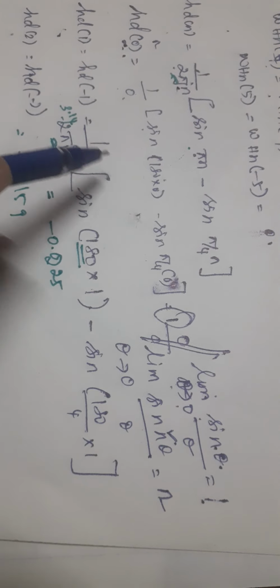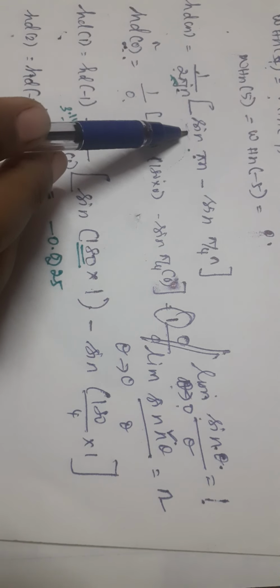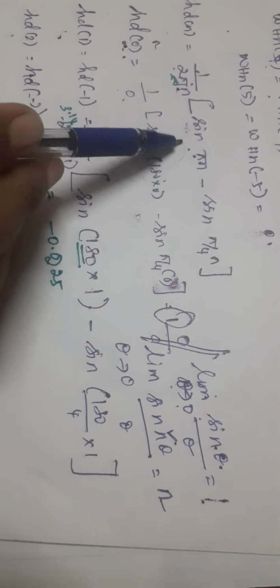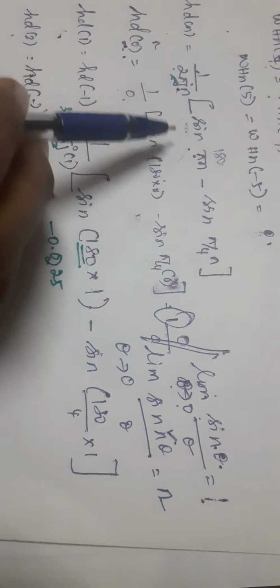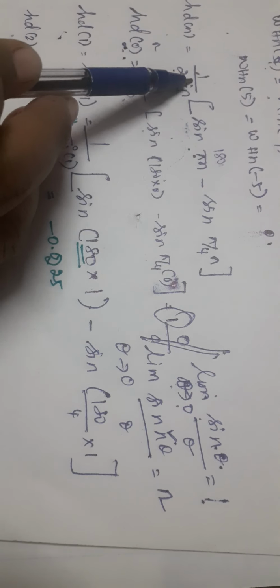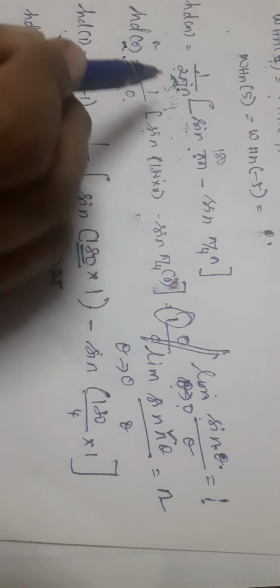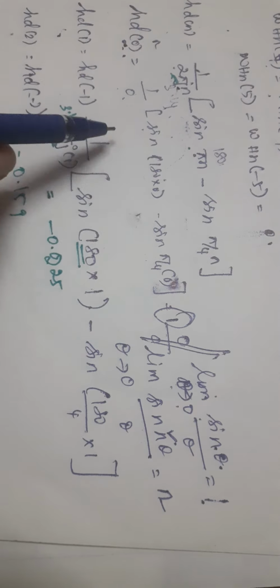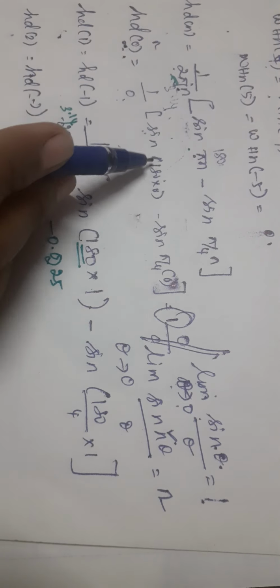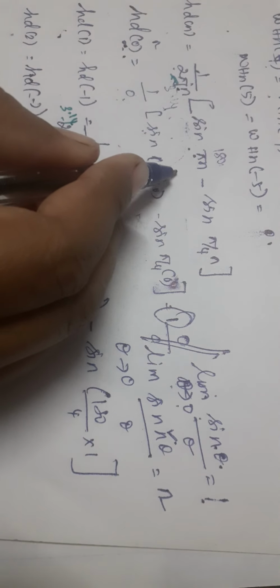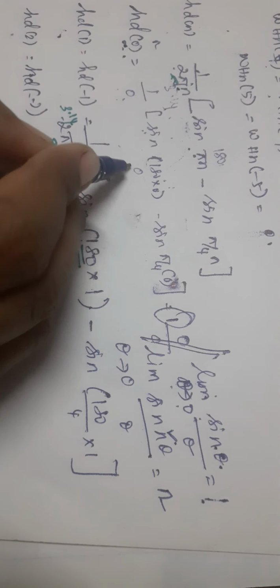In solving hd of n also, if there is a pi in the terms of sine or cos, you have to substitute 180 degrees. If the pi is left alone, in the denominator, you have to substitute 3.14. You should not forget this. On substituting here, you can obtain sine of pi by 4 into 0, that is 180 into 0, so it is 0 by 0.